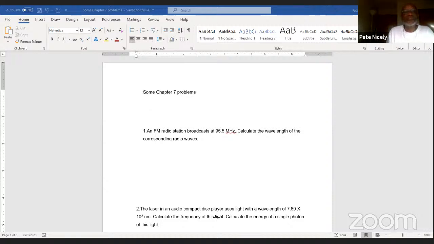If you recall, if you're using the first form of the equation, R_H is equal to 2.18 times 10 to the minus 18 joules. And if you're using the second form, it's going to be 1.10 times 10 to the 7 meters to the minus 1.